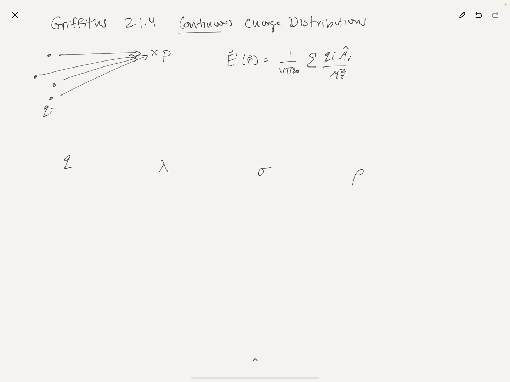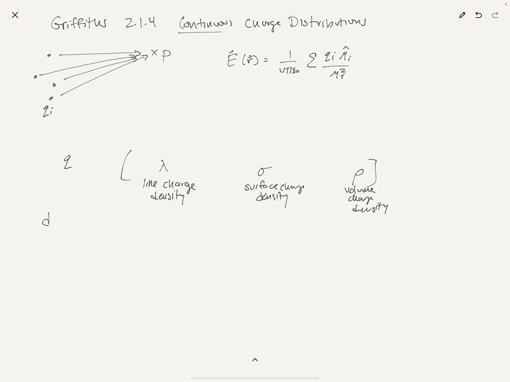And I said charges, but really what each of these are densities. This is a line charge density. This is a surface charge density. And this is a volume charge density.